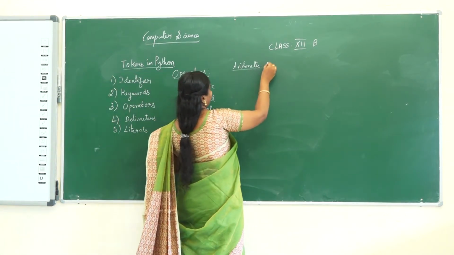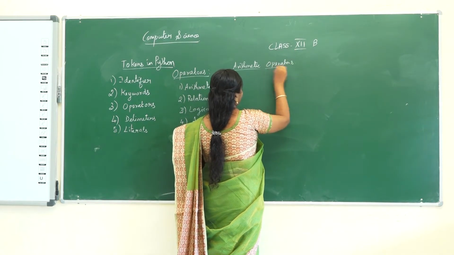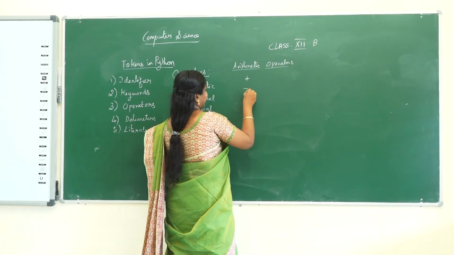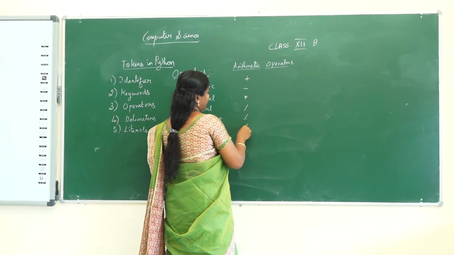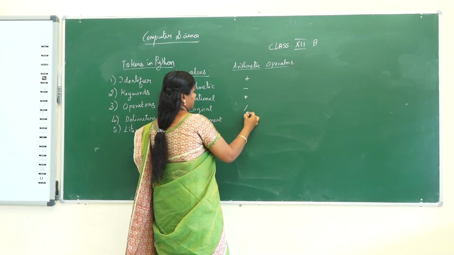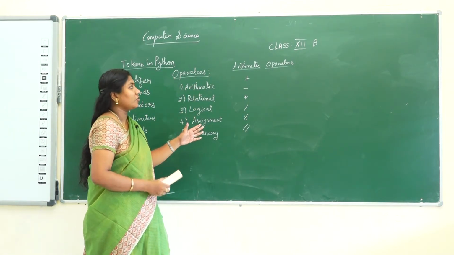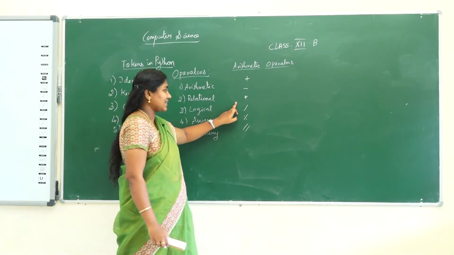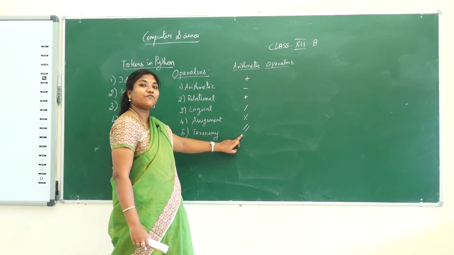So let us see what are all the arithmetic operators. Plus, minus, star, slash, modulo, and floor division. These are the arithmetic operators in Python: plus, minus, star, slash, modulo, and double slash. That double slash is floor division.